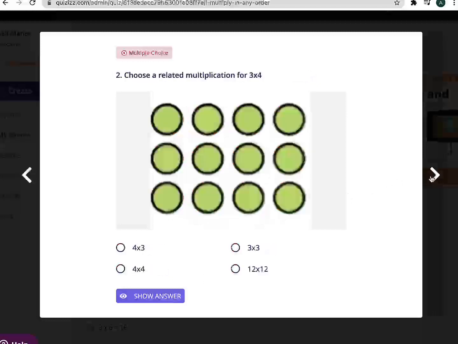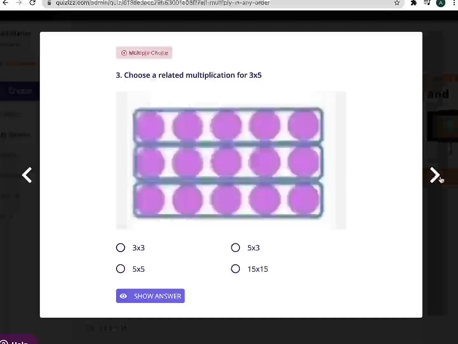Okay, let's move to the next question. Khalid Shredi. Go ahead. Choose a related multiplication for 3 times 4. Okay, so which one is the correct choice? Yes, so 3 times 4 is the same as 4 times 3. Excellent. Great work, my hero.